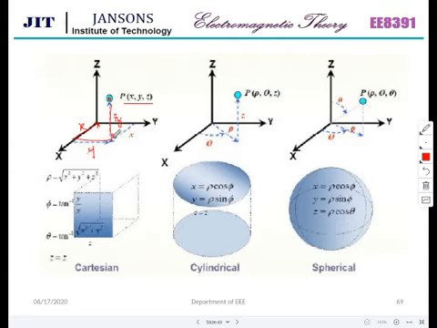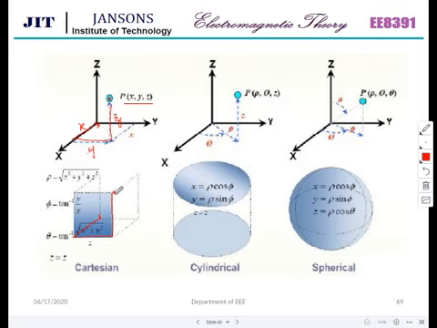Likewise, if I am forming a cube or a parallelepiped object, this is the initial point, and we are moving x distance, y distance, and z distance.